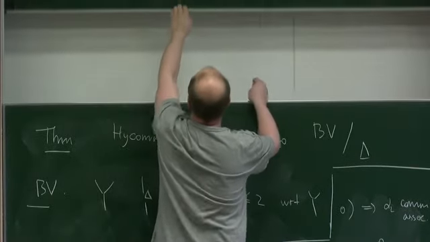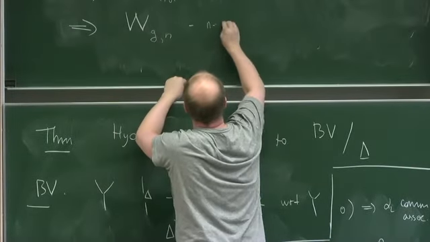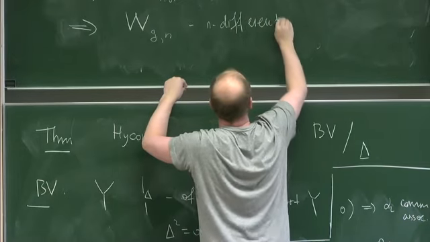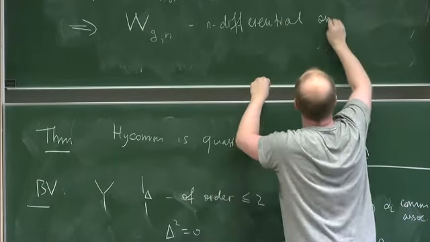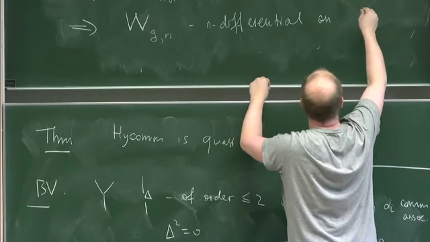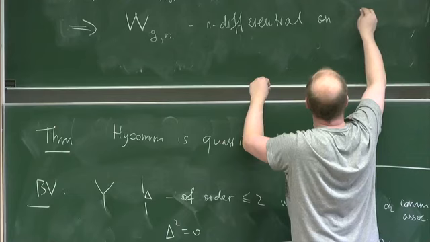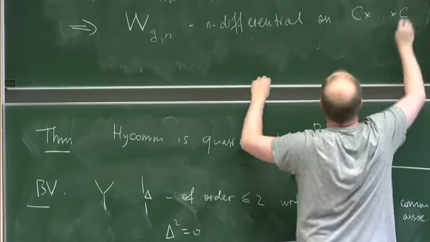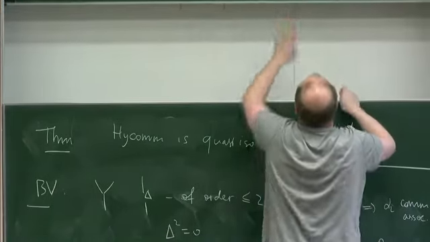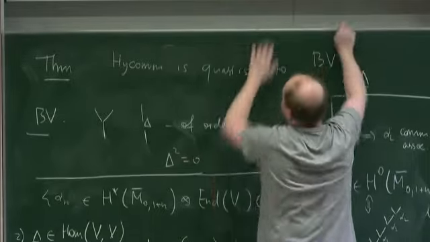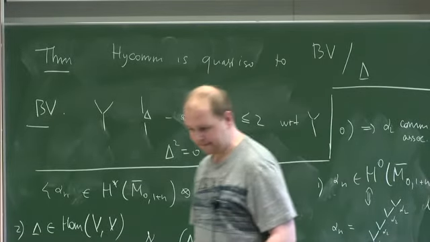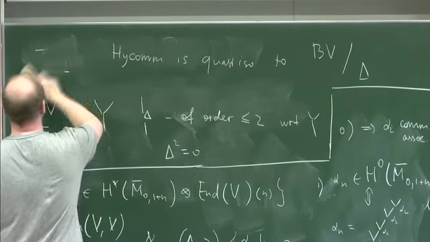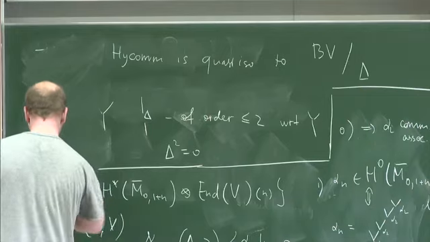It's going to be an n-differential on C times C, n times. So like this. And the reconstruction is the following. D is going to be just W_{0,2}. So the reconstruction is the following.